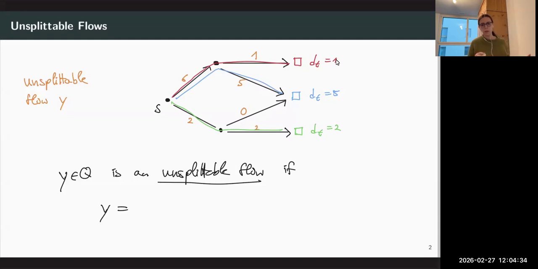The important thing in unsplittable flow, in contrast to a general flow, is that we are sending the flow from the single source to a single sink all along the same path, and we're not allowed to split that up.